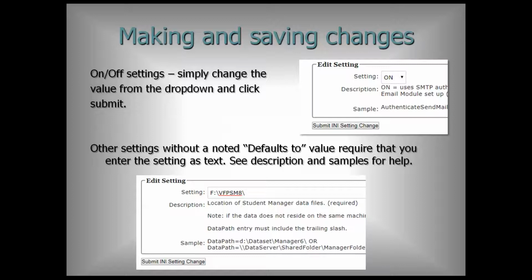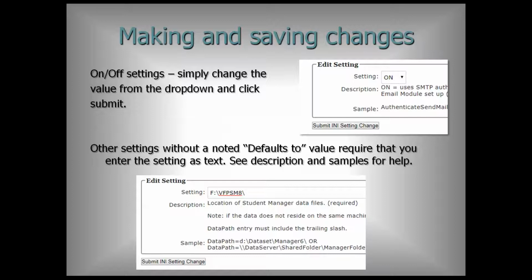The other drop-downs are going to be ones that have hard-coded variables where you can pick from 1, 2, 3, or 4 or something like that. Most of the rest of them are going to be just a simple text box. And underneath that is going to be the description of what that setting is, any special notes, and a sample. So you can see some of the ways that you could configure this, or what you're supposed to put in this box.